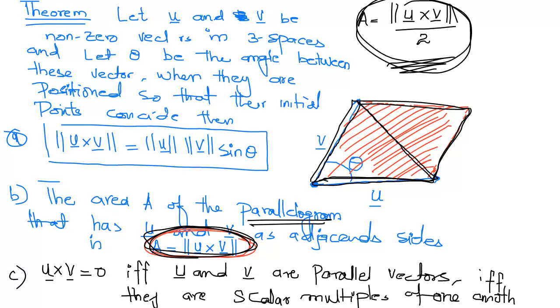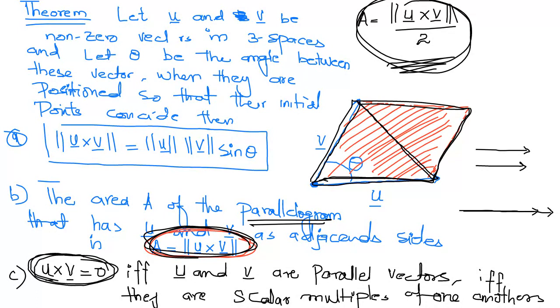What is the meaning of the third one? When the cross product is equal to 0, they are parallel to each other. For example, the first vector is this one and the second vector is also this one, in the same direction, parallel. So their cross product is equal to 0. It means they are parallel to each other.